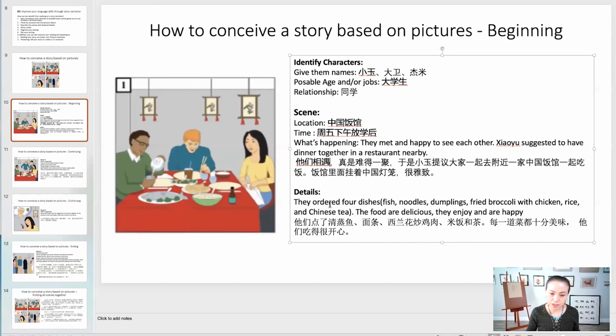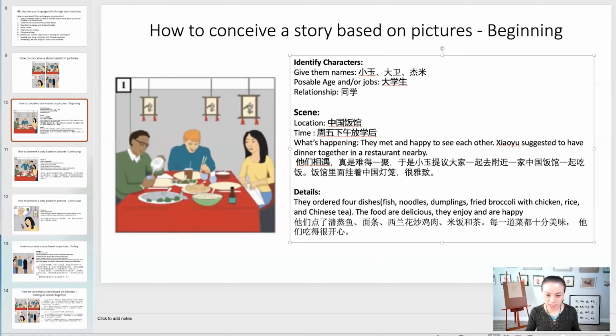The detail, they ordered 4 dishes. Actually, not really clear in the images, but basically you can see this is a fish, this is dumpling, this is noodles. And this one you don't know, you can just guess. So my guess is fish, noodles, dumplings, and fried broccoli with chicken, and they have rice and Chinese tea.